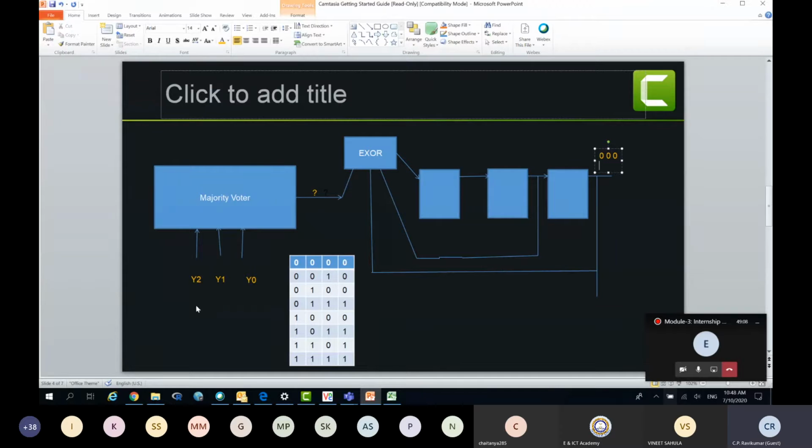And let us assume that somebody has given some inputs to y0, y1, y2. Okay, and those inputs are like this: 0, 0, 1, 1, 1, 0.